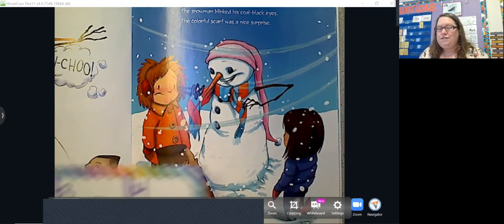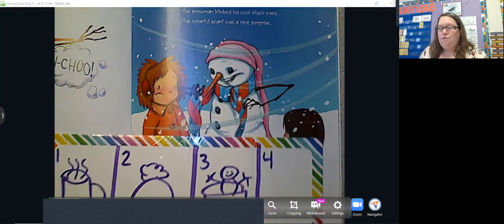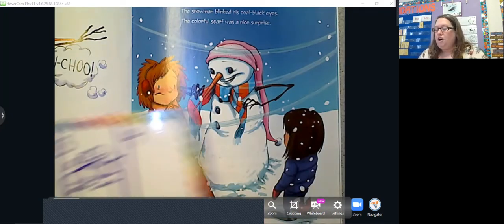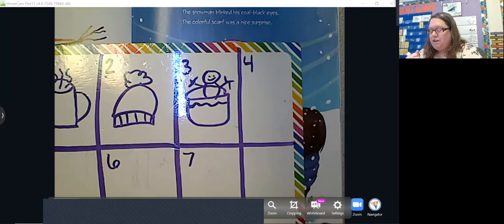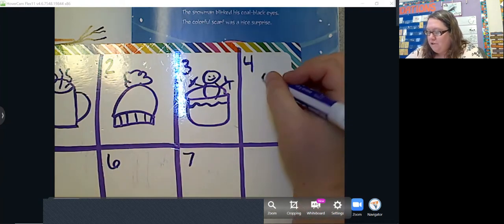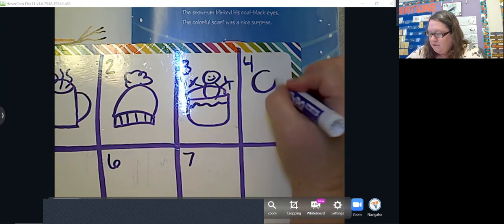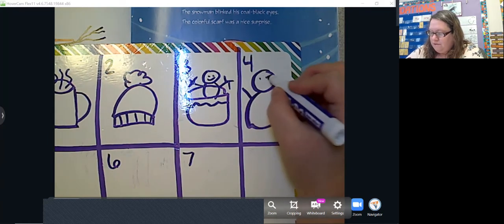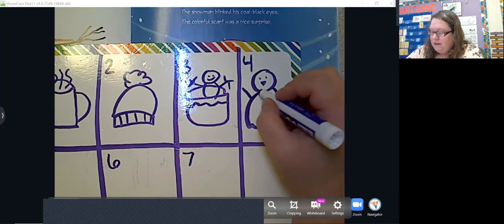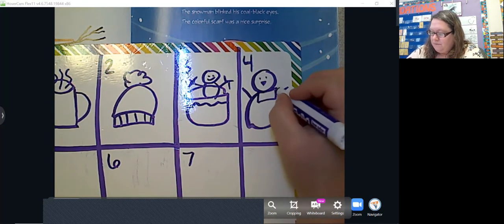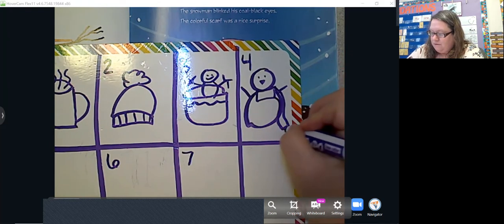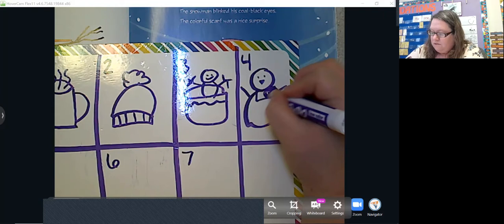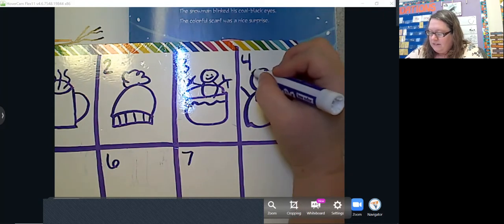All right, we got to get our notes back out. What did the boy give Sneezy to keep warm? Yes, a scarf, and a red and blue scarf. So we're going to draw a scarf. I'm going to draw Sneezy the snowman, and I'm going to draw a scarf on him. And he also has his hat on.